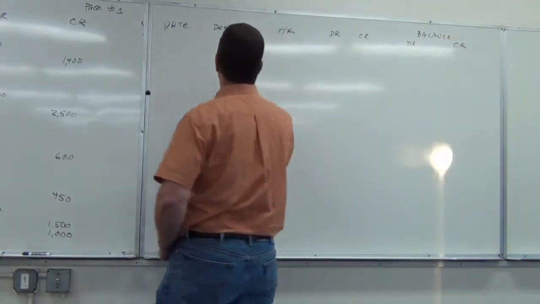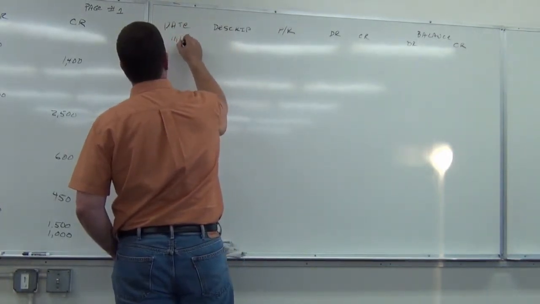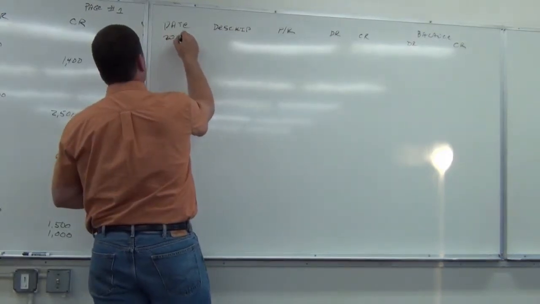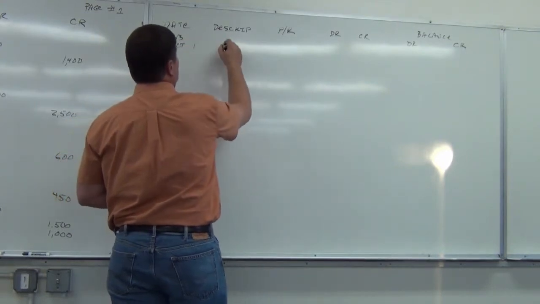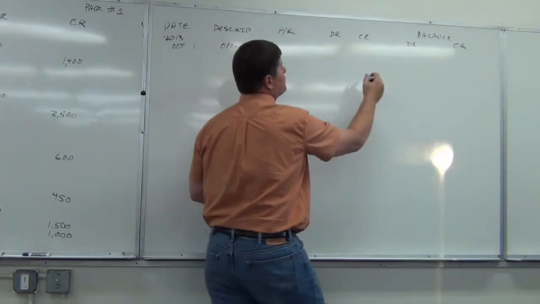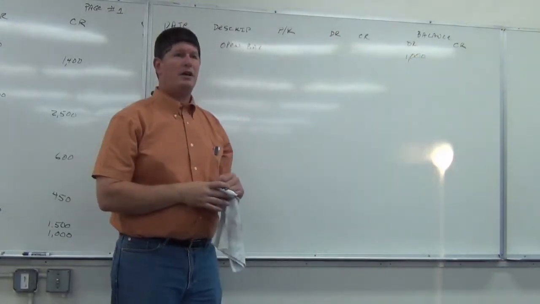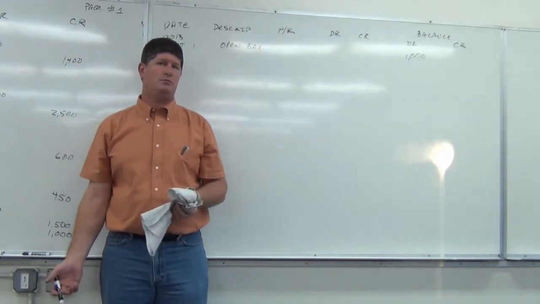If we had a beginning balance, we could put that in here. 1-1-13, you'd spell it out: 2013, October 1, opening balance. Let's just pretend there's $1,000 in here for fun. That's kind of what I showed you earlier, and you're going to need that for the mini project. Good?